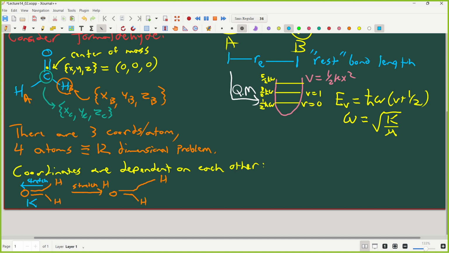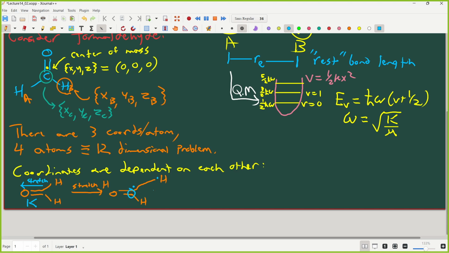Right? I've gone from a molecule that's at low energy equilibrium, and I've stretched one of the coordinates. Now I've changed the covalent behavior of this carbon, right? Because now that hydrogen is leaving. So you can kind of think of this as a homolytic cleavage where you have a little bit of a radical and a little bit of a radical there. You're starting to break that bond, right?